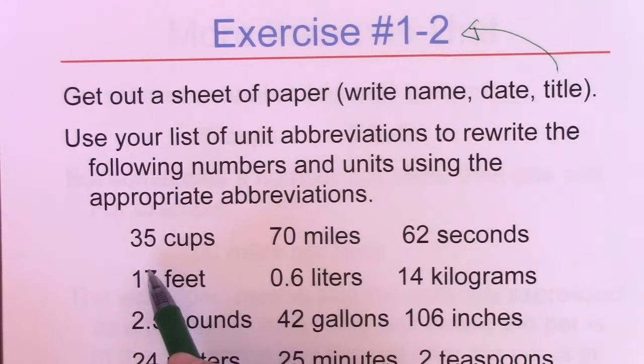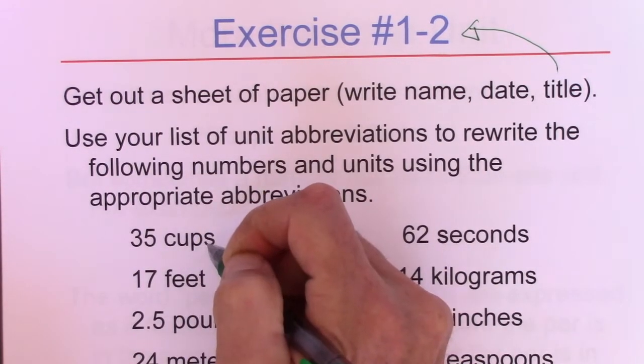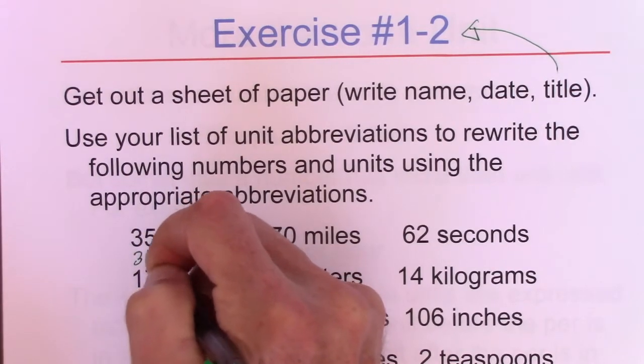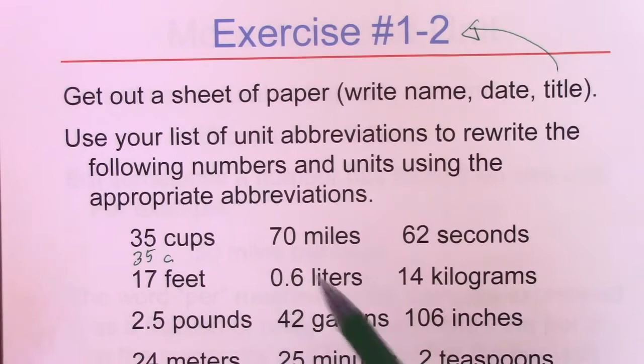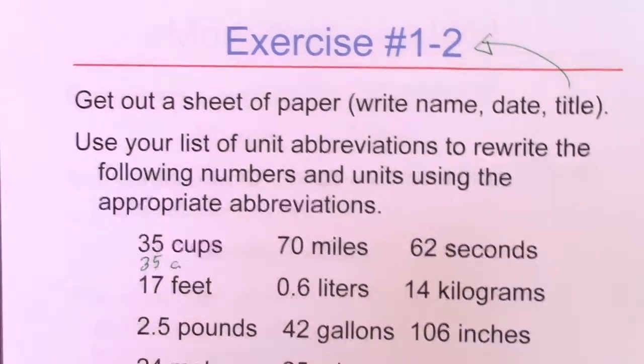So you don't have to write 35 cups on the paper, but you would look up cups and say, oh, that's abbreviated by C. So instead of writing 35 cups, you'd write 35C. I've done the first one for you. Write 35C and then write 70 and whatever the abbreviation is for miles, 62, the abbreviation for seconds, and so on. When you're done that, pause the video. When you're done, resume the video.